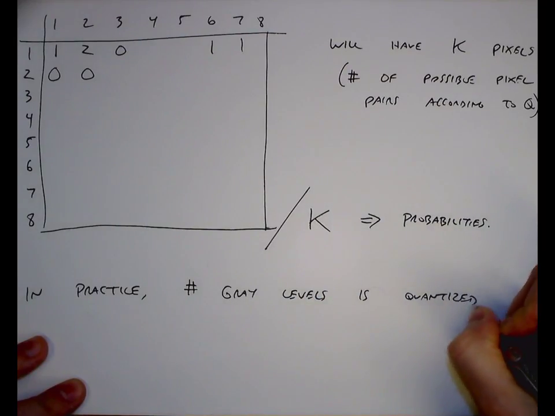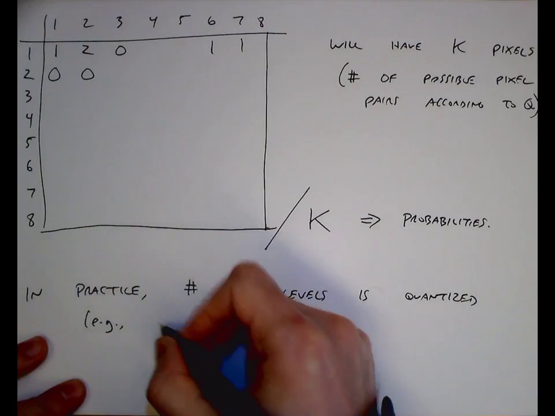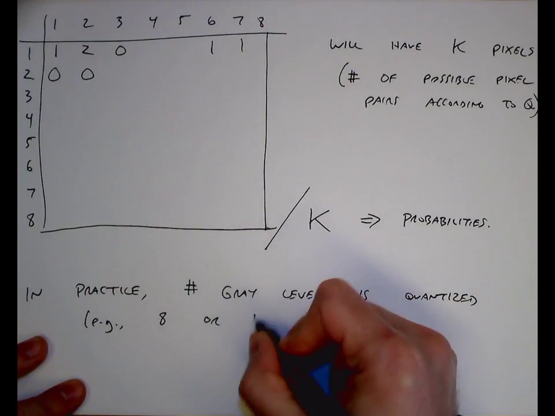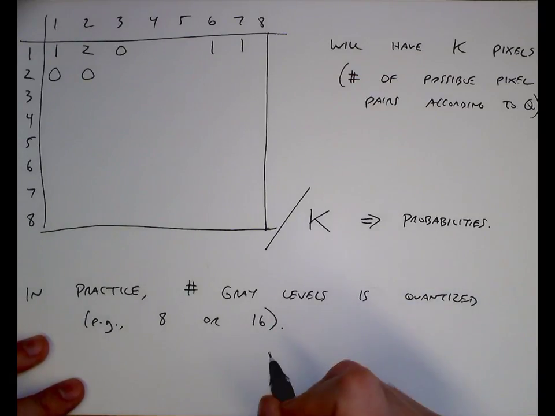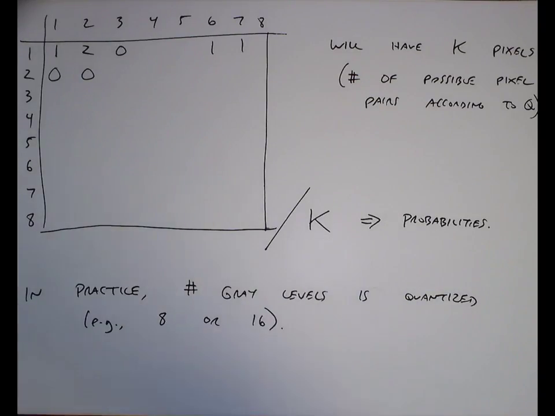For example, 8 or maybe 16, right? Why would we do that? So one thing is that, it's kind of a pain to have a 256 by 256 image. Computationally, it's complex to kind of add up all these things. The other thing is kind of for robustness, right?